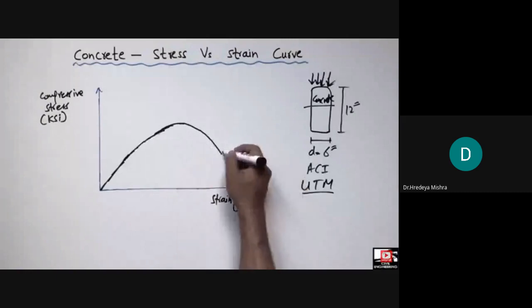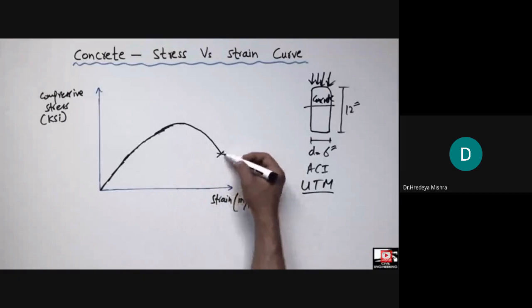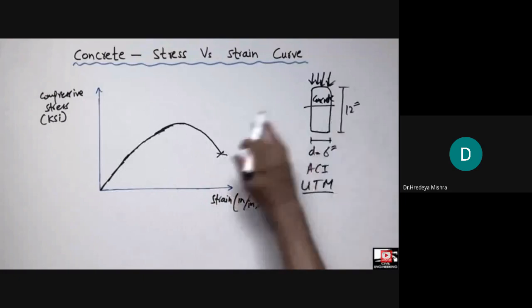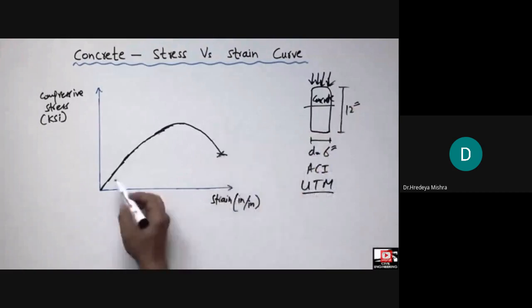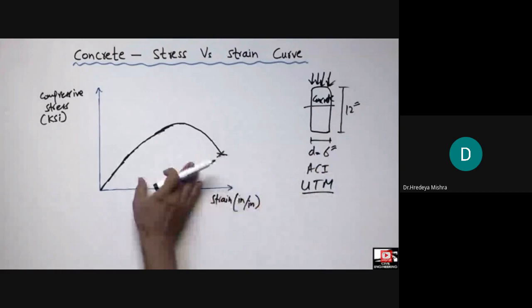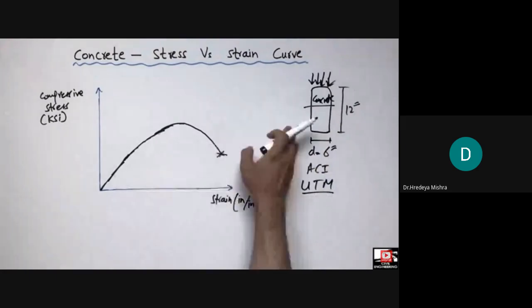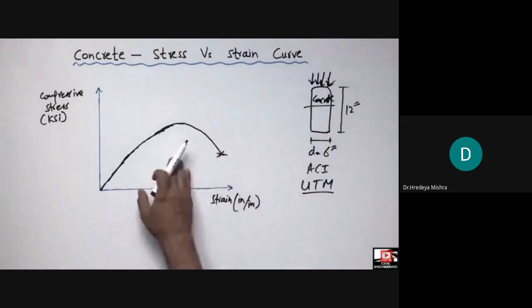This point is called the rupture of the concrete. It means the concrete has now ruptured in parts and cannot take any more load. Such a curve we always obtain from concrete, either made from normal concrete or from high performance concrete.